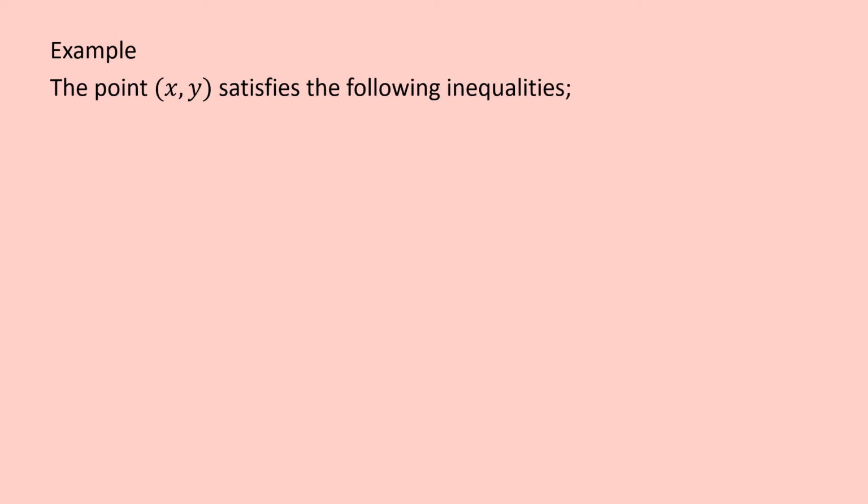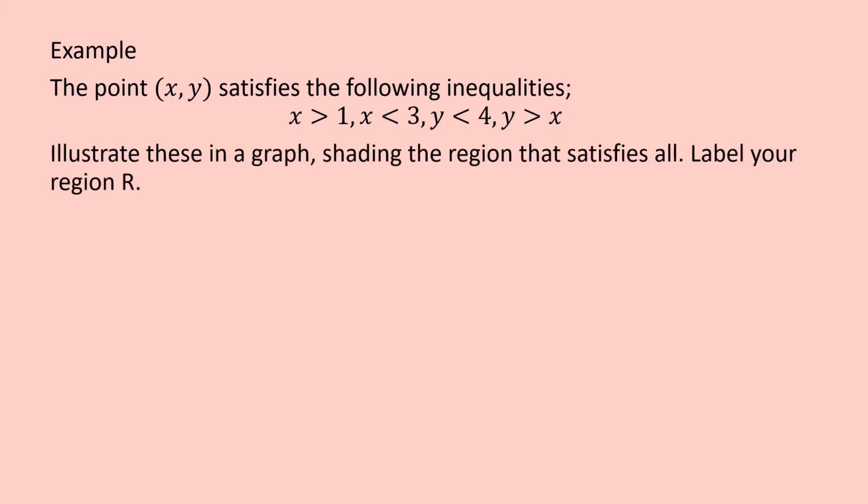Let's see this example. The point (x, y) satisfies the following inequalities: x is greater than 1, x is less than 3, y is less than 4, and y is greater than x. Illustrate these in a graph, shading the region that satisfies all of them.